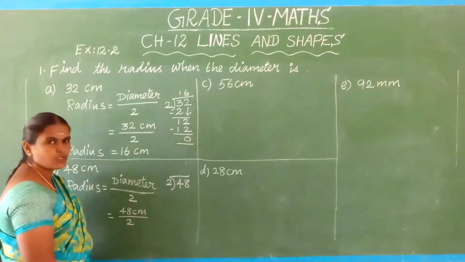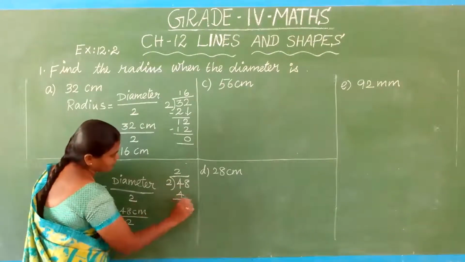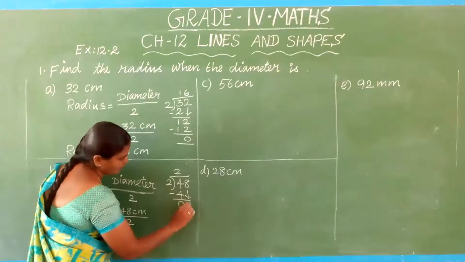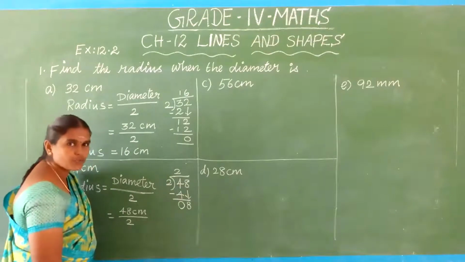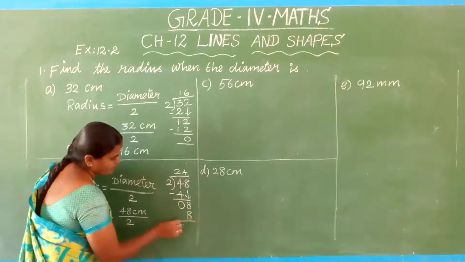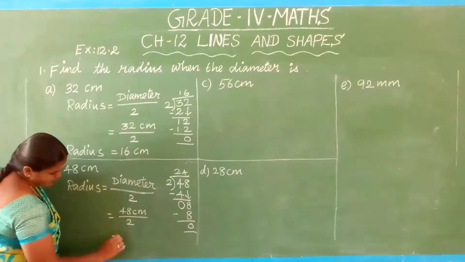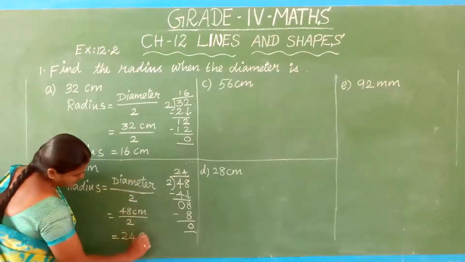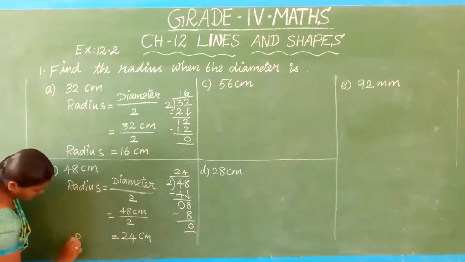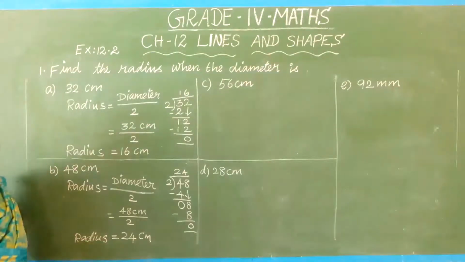How many times? 2 2s are 4. 2 times 4. Now do minus. We get answer 0. Next you bring down 8. How many times? 4 2s are 8. 4 times. Now minus, we get answer 0. So your radius is 24 centimeter. So here given in centimeter. So radius also centimeter. Radius is equal to 24 centimeter.